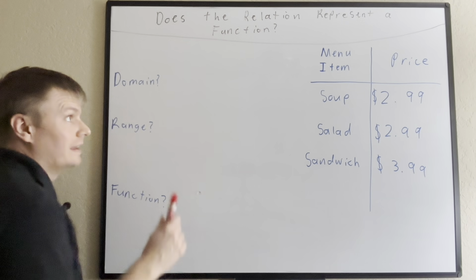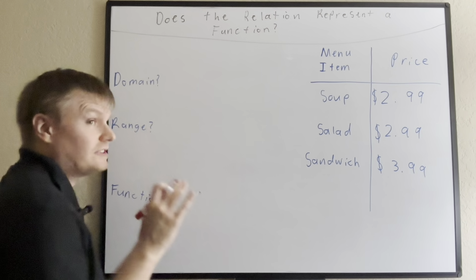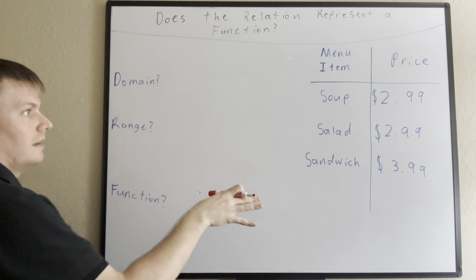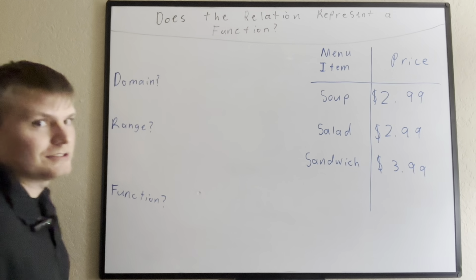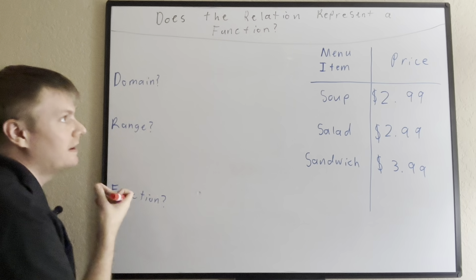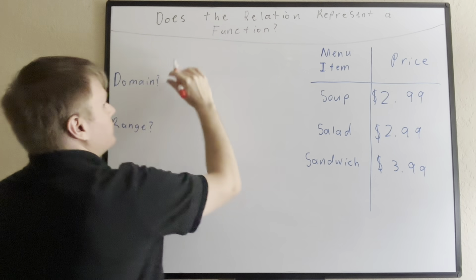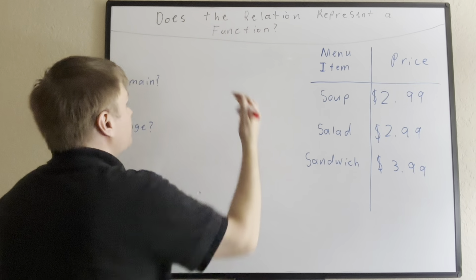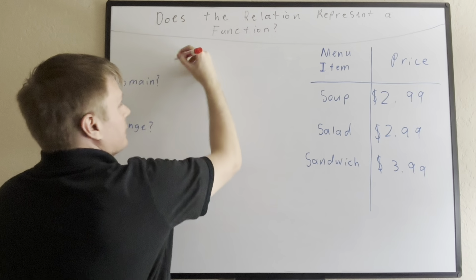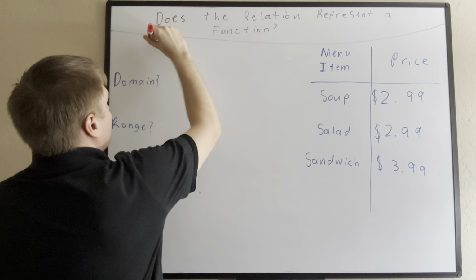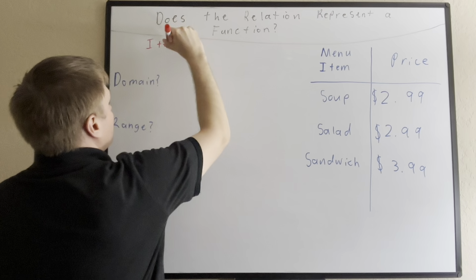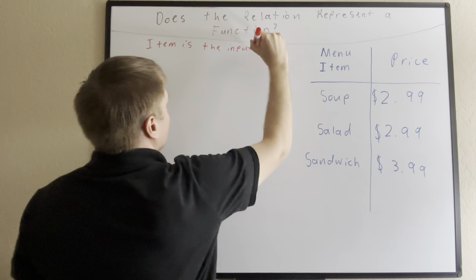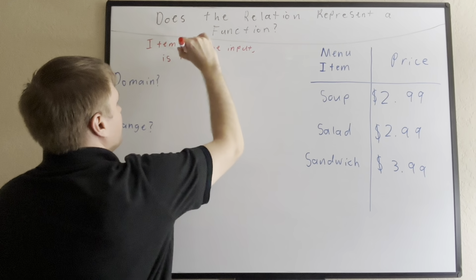All right. One more example for the road. Although this example will have two parts to it. Okay. First of all, this is a little different from the ordered pairs we've been doing before. This time, we are going to look at this menu for a cafe. And let's say the item is the input. Is that a function?